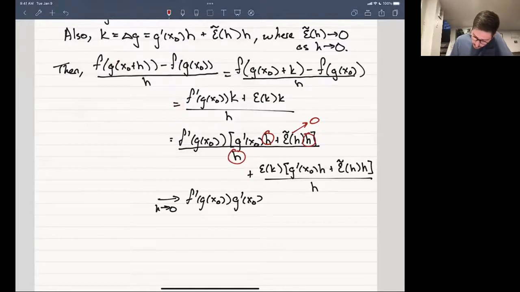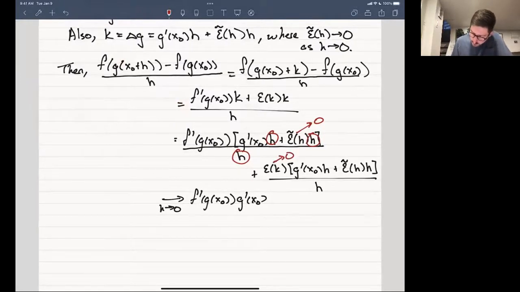Similarly, epsilon of k is going to 0. So we just wind up with exactly what we wanted. That this derivative here is actually equal to f prime of g of x0 times g prime of x0 as h goes to 0. And therefore, we have shown that the derivative of that value exists. And from our equivalence between the derivative and being differentiable, that tells us that the composition is differentiable at x0.